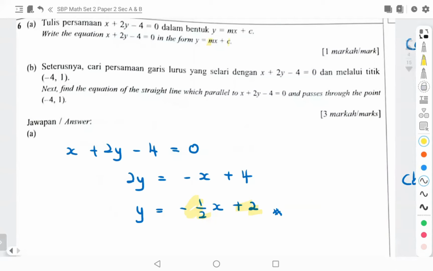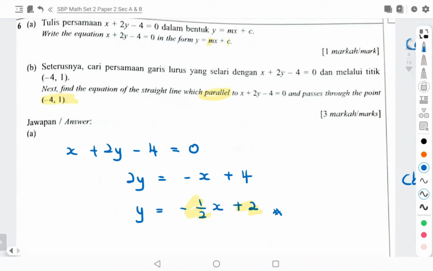Okay, B, next find the equation of the straight line which is parallel to x plus 2y minus 4 equal to 0 and passes through the point. Meaning, you have another straight line now which is parallel.